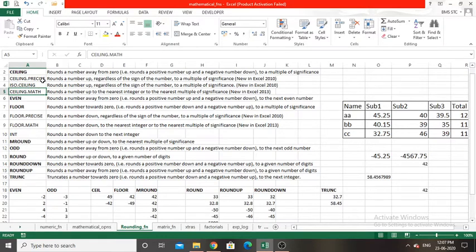Try to find out what is the purpose of these functions also as an activity that I am giving to you. So just Google it and find out the purpose or the objective of these functions also. And learn the most commonly used round functions that I illustrated in this video also. Thank you for watching.